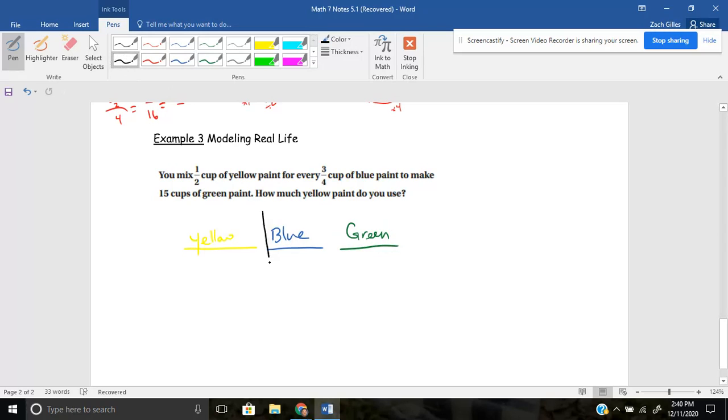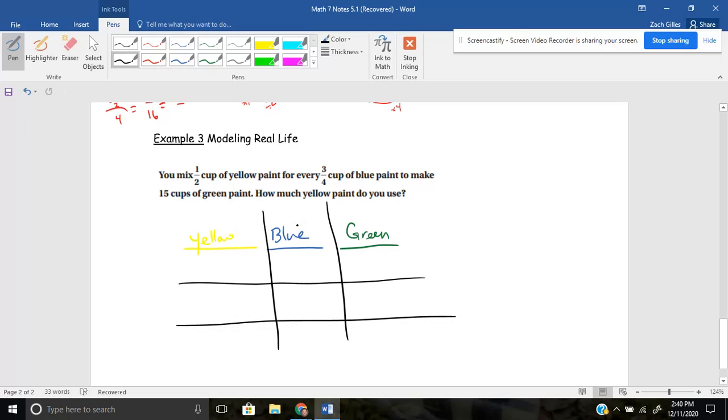Okay. It tells me that to make the correct ratio, I need 1/2 cup of yellow paint and 3/4 cup of blue paint.